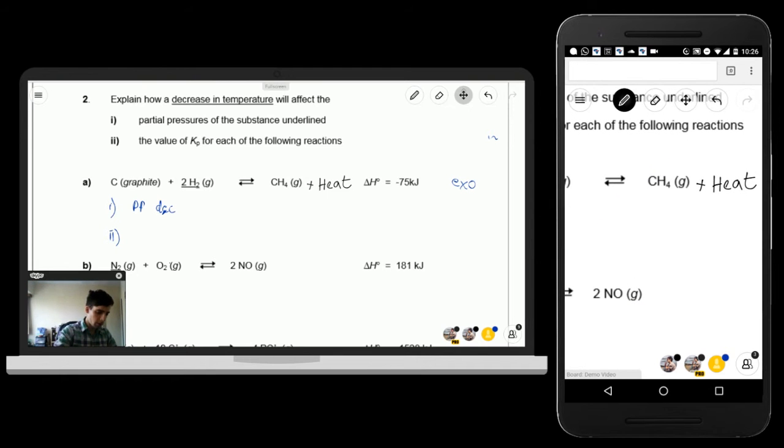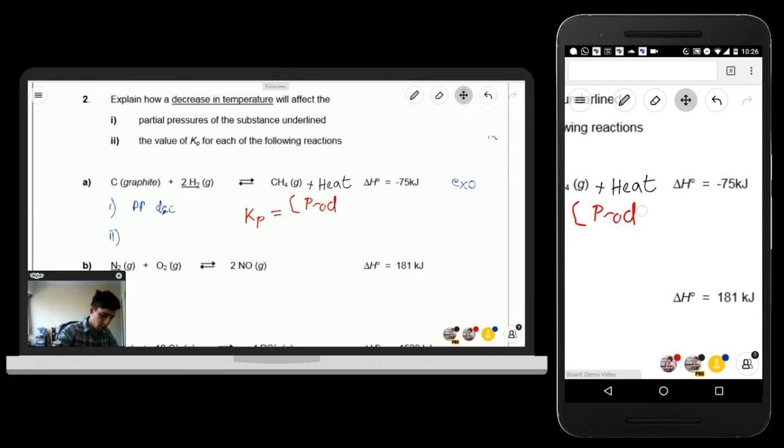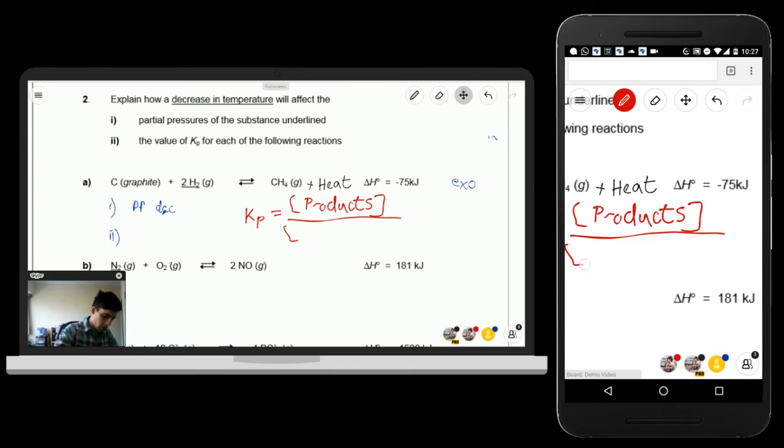So change the color so that we don't get confused. Okay, so I think Kp is equal to the concentration of products over... That looks fine.